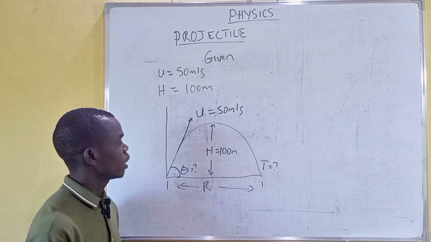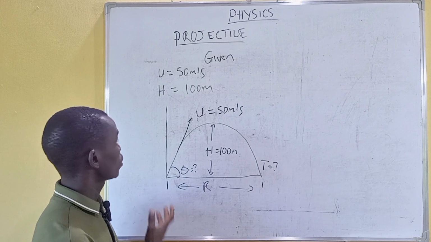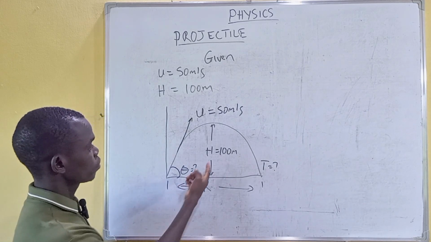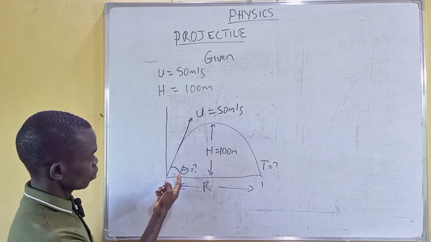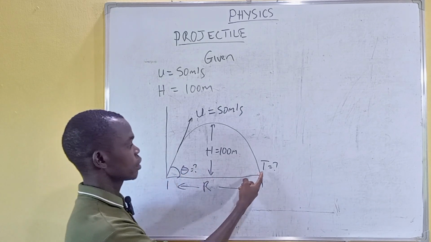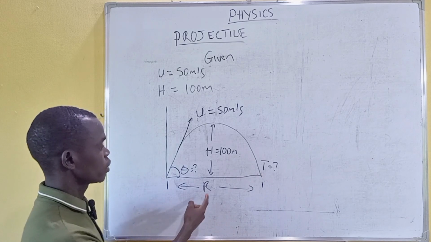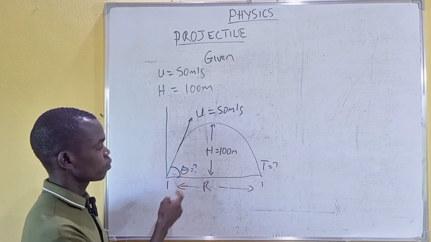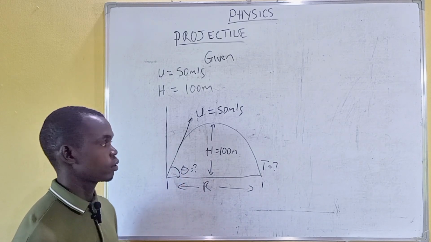From this diagram, or the parameters, we are given the height, and we don't have the angles of projection. Before we can calculate the time of flight and the range, we have to find the angles of projection.